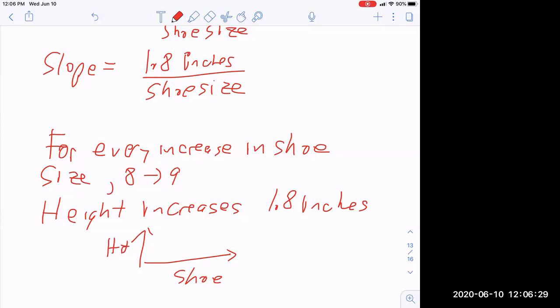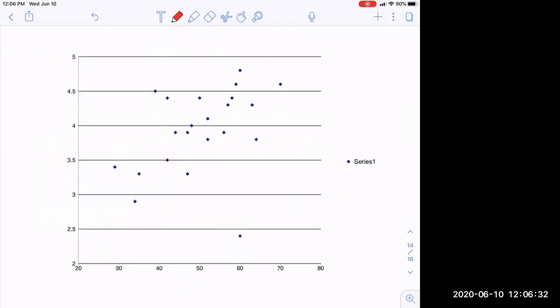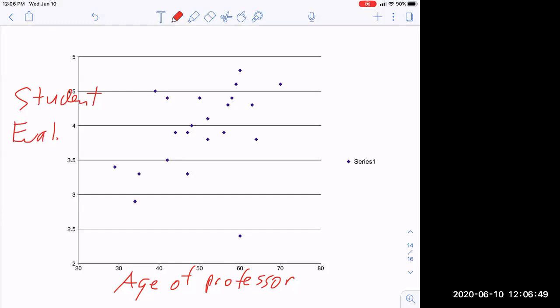Okay, I got one more example. Okay, this is age of professor. This is student evaluation. You filled them out, they go from 0 to 5. So if I look at this point here, it looks like 60, comma, like 2.4 maybe. So that professor was 60 years old.